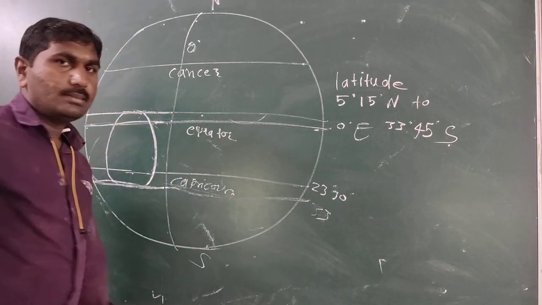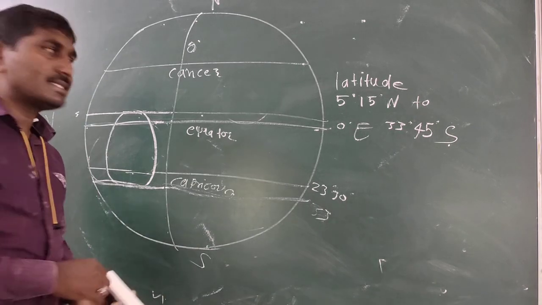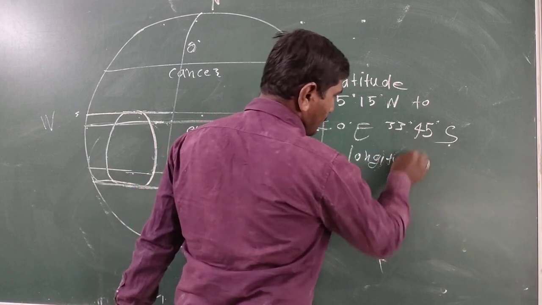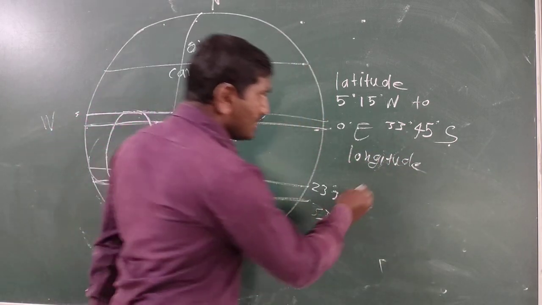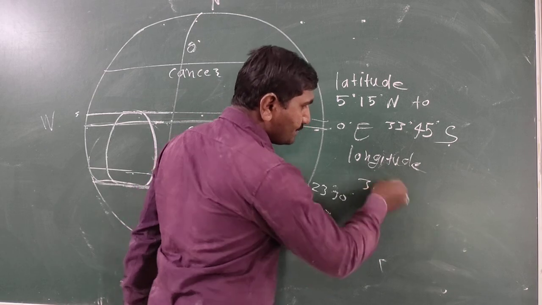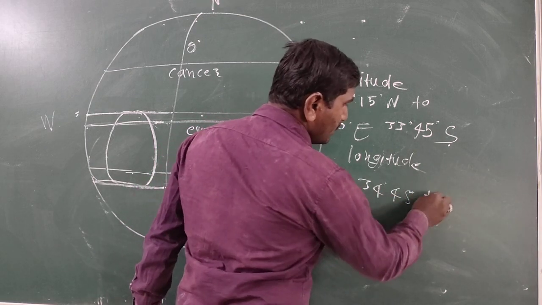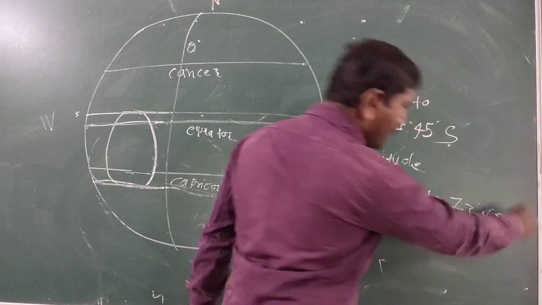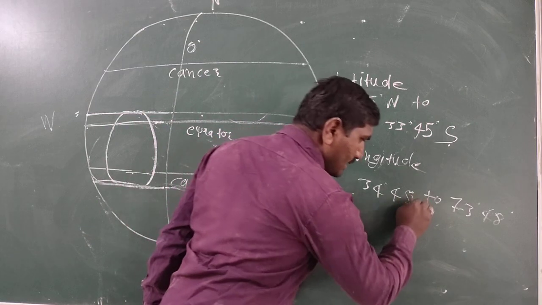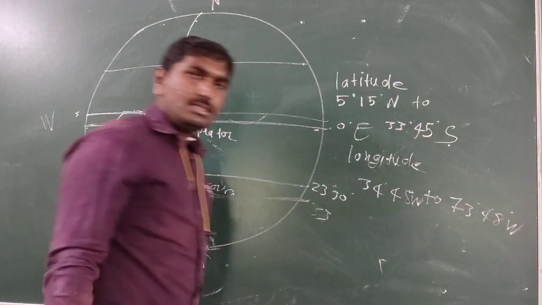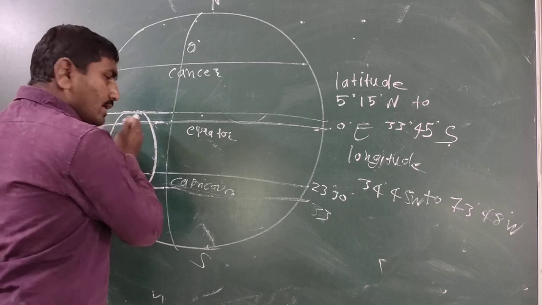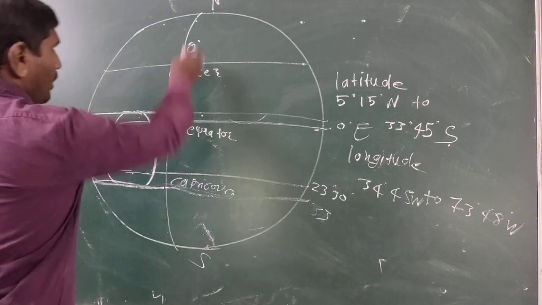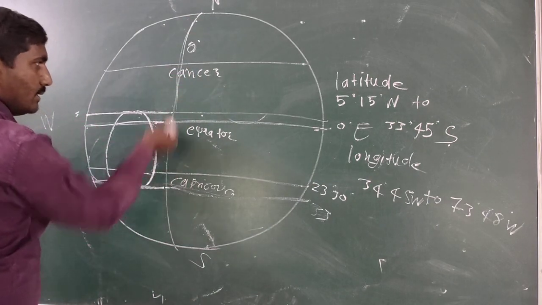So this is the latitudinal extent. But now we have to understand its longitudinal extent also. The longitudinal extent is 34 degrees 45 minutes to 73 degrees 48 minutes west, because Brazil is situated in the western hemisphere only. From 0 degree we have to count vertical lines.